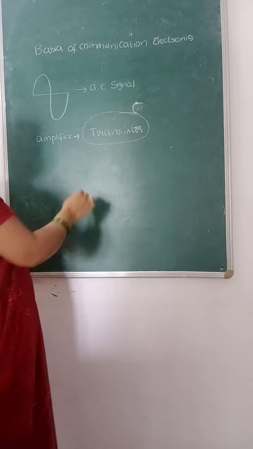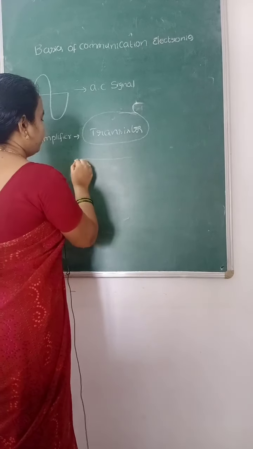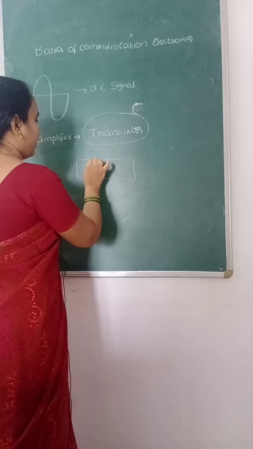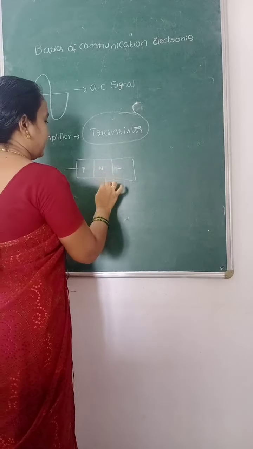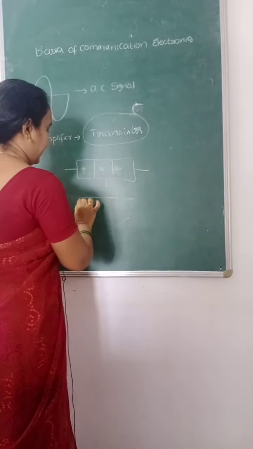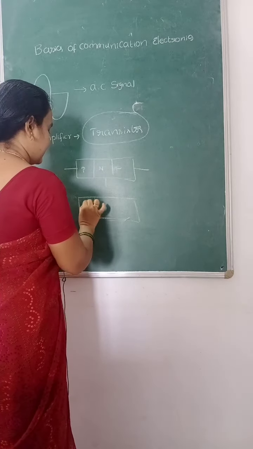So the fundamental element used in communication electronics to amplify the AC signal is the transistor. We have two types of transistors, the PNP transistor and the NPN transistor.